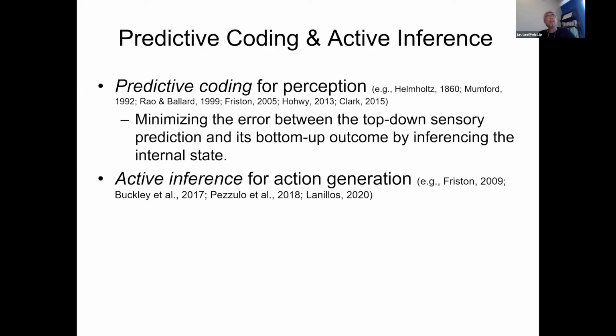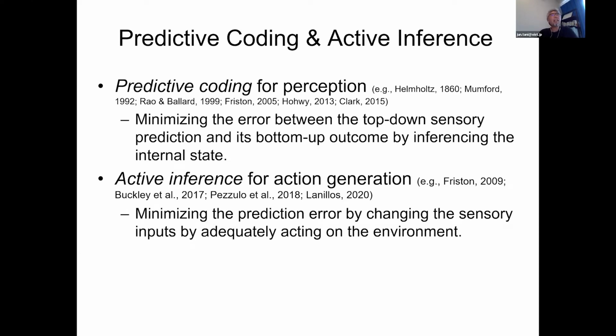And active inference is the theory for action generation. This is a recent idea, especially discussed by Karl Friston. Again, the idea is minimizing prediction error, but this time by changing the sensory inputs, by adequately acting on the environment.